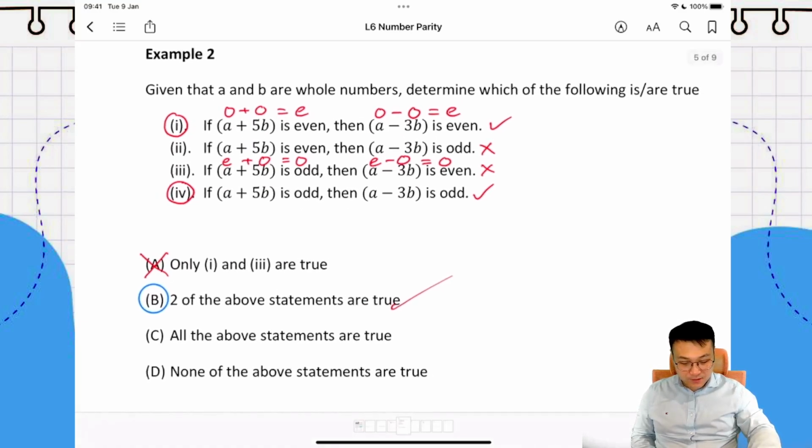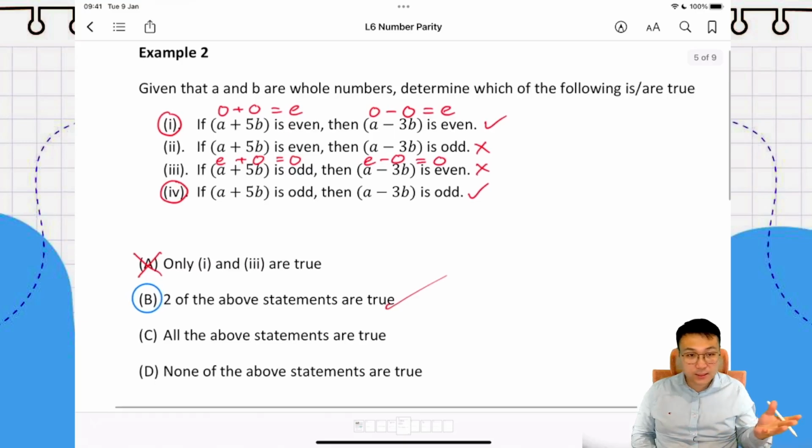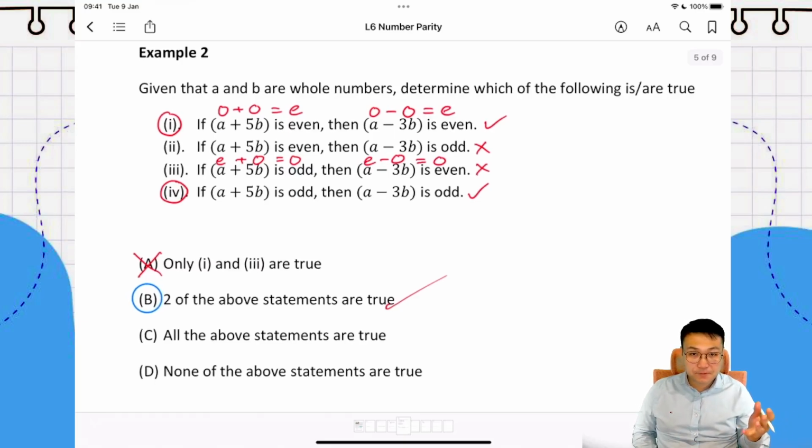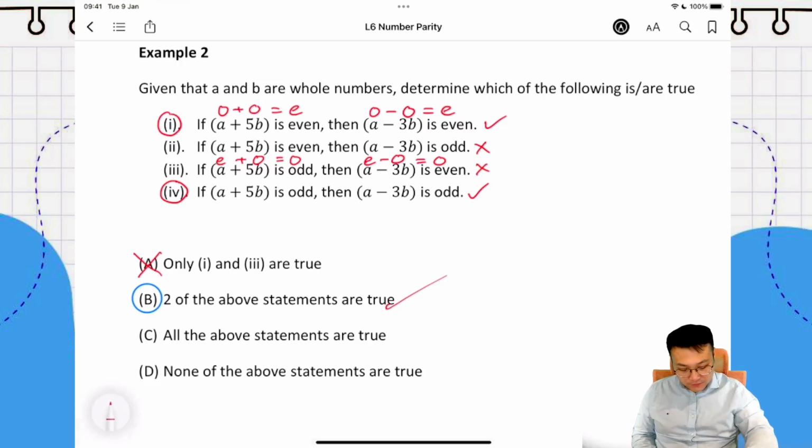So students, whenever you're not sure, just substitute odd and even. Okay? And even better, if you don't know how to substitute odd and even, just use numbers. Use real numbers. For example, A plus 5 times B. So you are trying to tell me that A is even and B is odd.